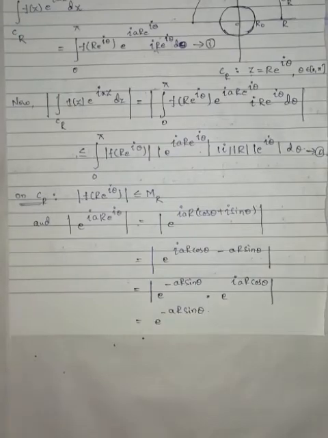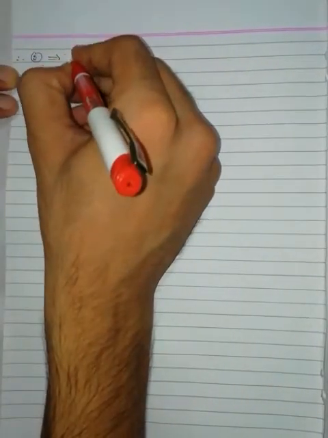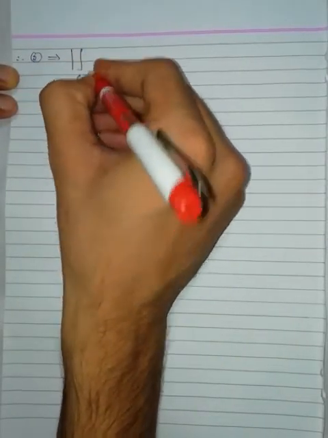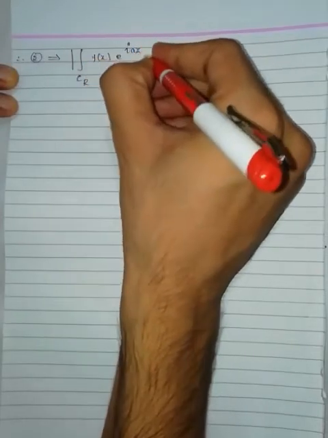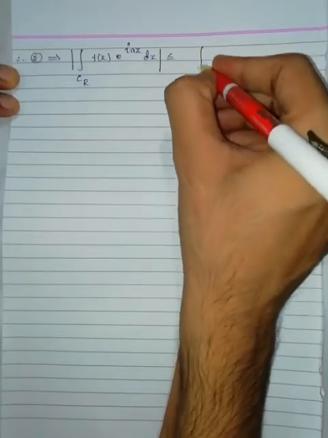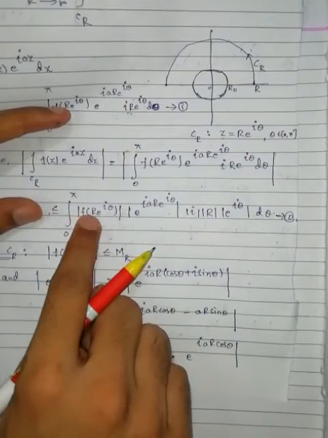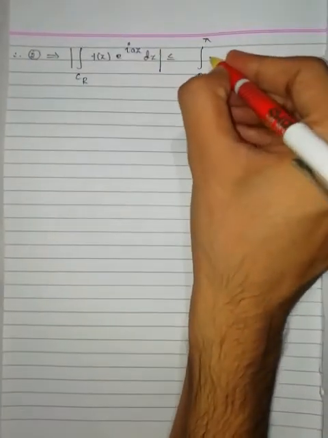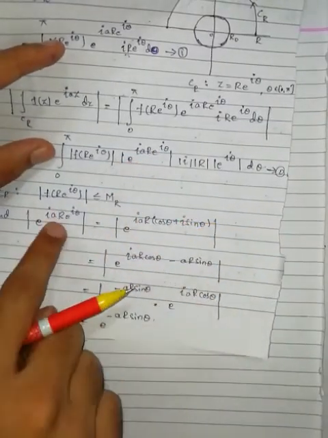Therefore equation number 2 implies modulus of integration over CR f of z e to the power of iota az dz is less than or equal to integration 0 to pi. This one we got less than or equal to capital MR, and this one we got equal to this one.